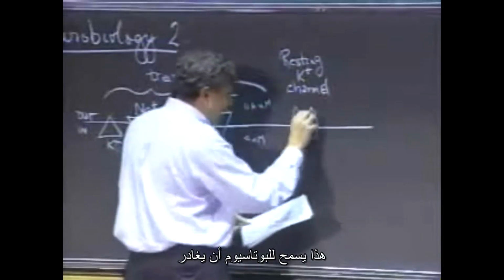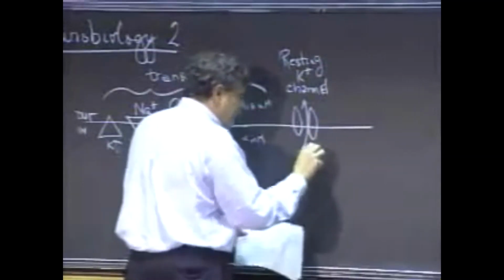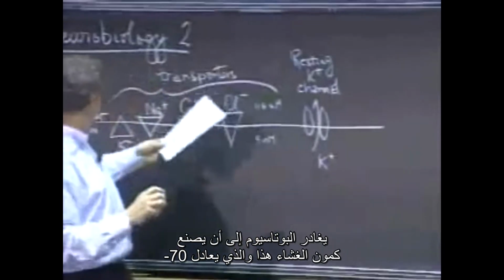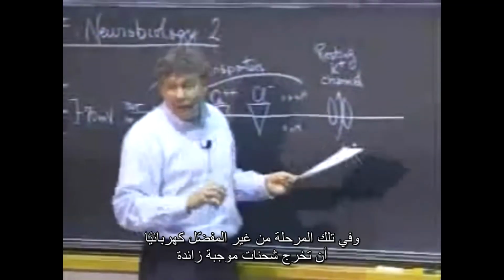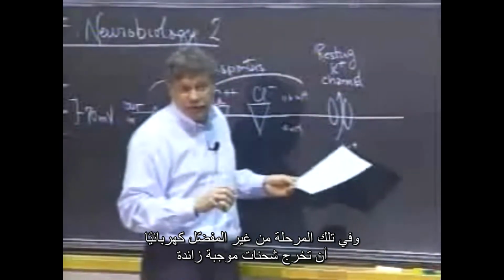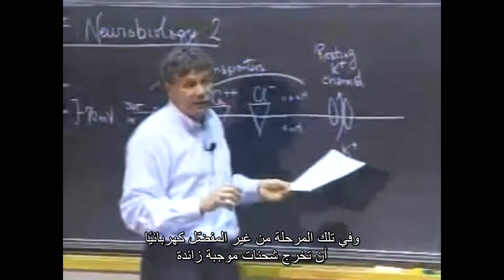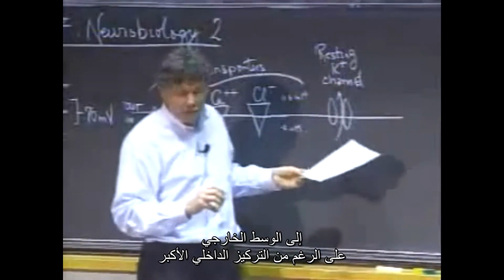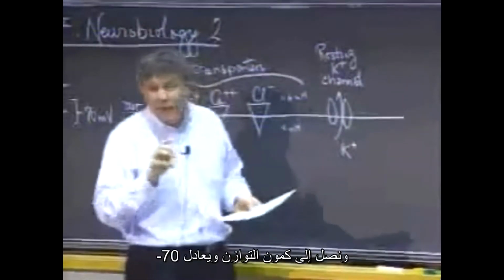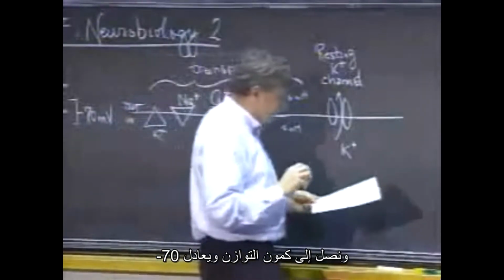That allows potassium to leave. Potassium leaves until it builds up this membrane potential of about minus 70. At that point, it is electrically unfavorable for more positive charges to go out into the more positive environment, notwithstanding the greater internal concentration, and we reach an equilibrium potential of minus 70.